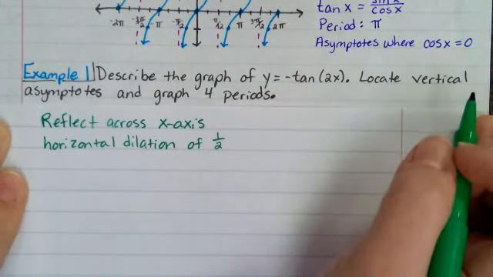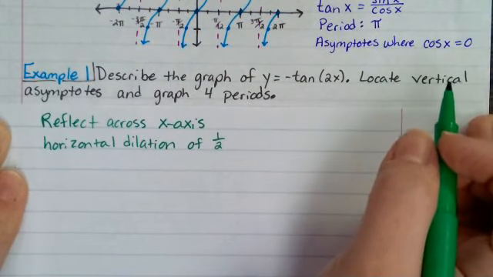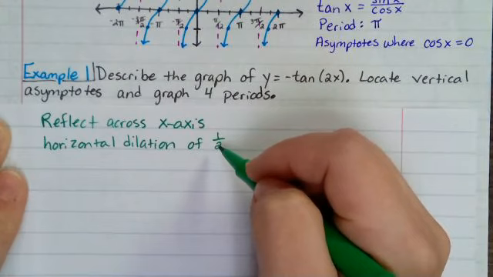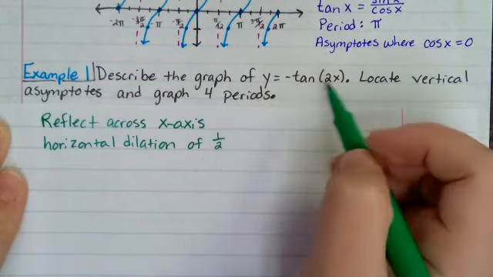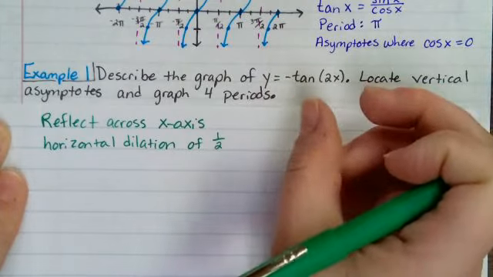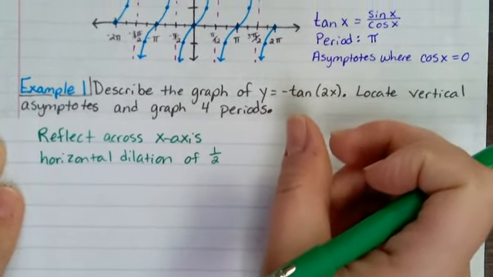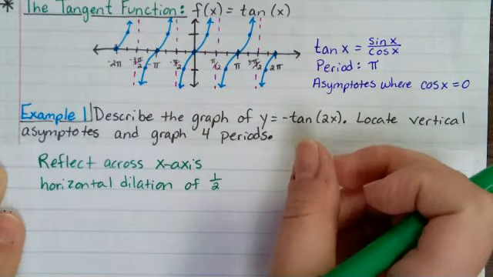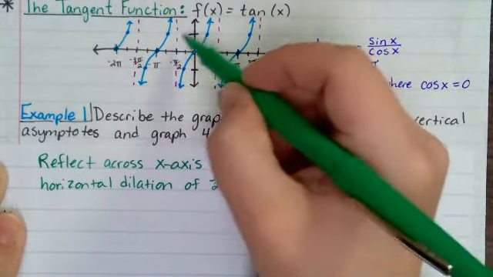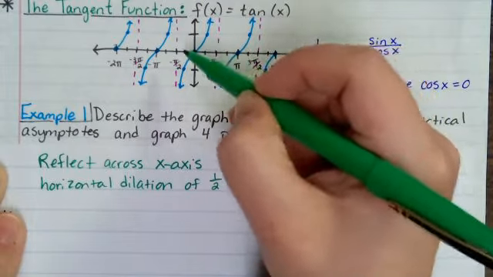But let's see what else we can figure out. So they said to locate your vertical asymptotes. Because this horizontal dilation is of 1/2, it's going to shrink it horizontally and shrink it in towards the y-axis half as far. So I want you to look at what our normal tangent function looks like.